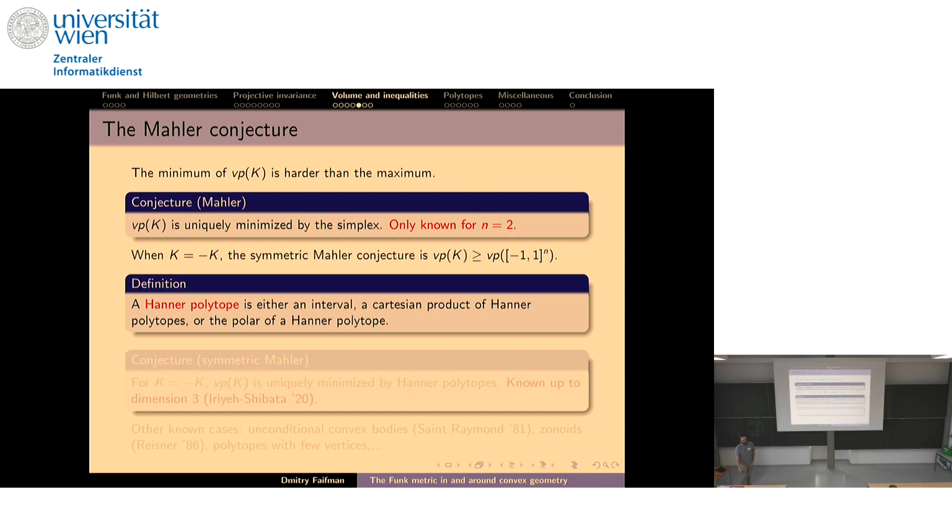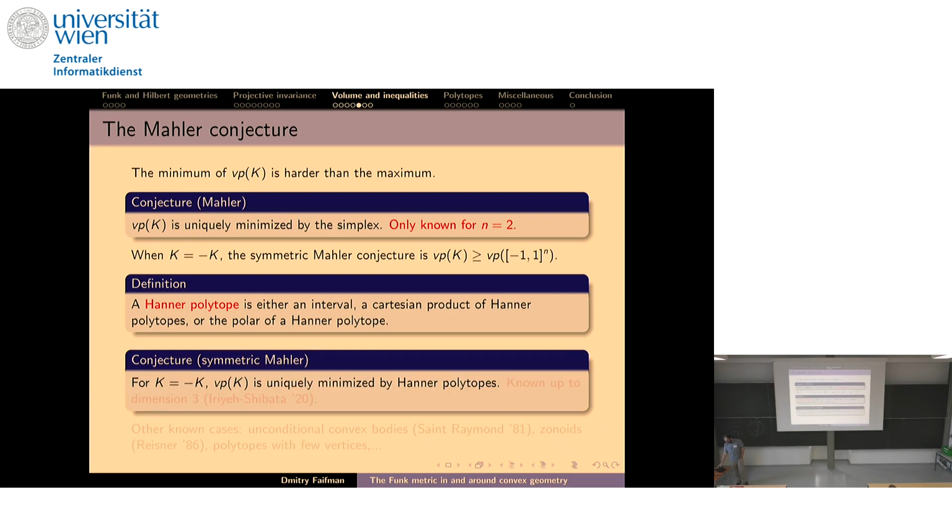Here is a definition. A Hanner polytope is a polytope that is either an interval or a product of two Hanner polytopes or the polar of a Hanner polytope. It's a recursive definition. But anything you can get from intervals by taking products and polars. And it's easy to see that all Hanner polytopes have the same volume product, and the conjecture really is that Hanner polytopes are the unique minimizers in the symmetric case.